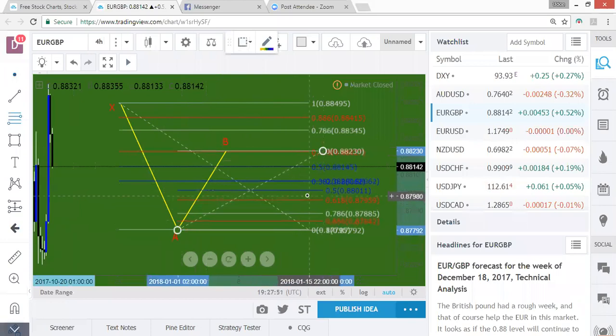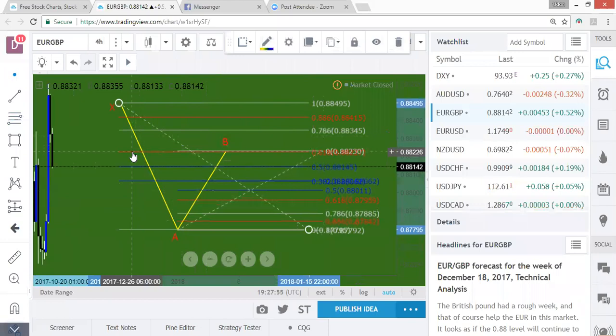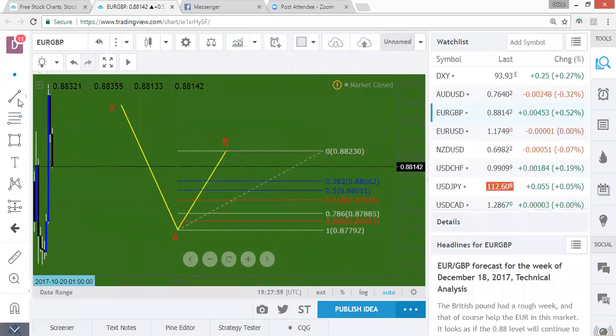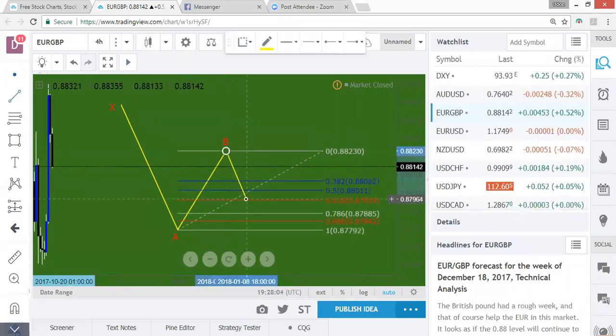We look for price to, all right, that's messy. We look for price to hit a minimum, again, of the 618. We have to hit the 618 in this BC move in order for the Gartley to be valid. So again, if we hit the 382, not a valid pattern.